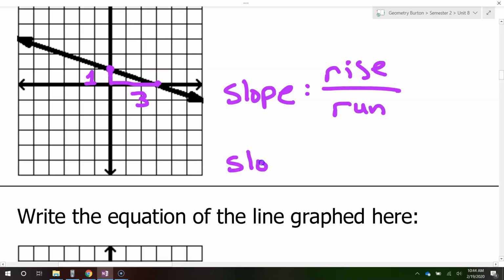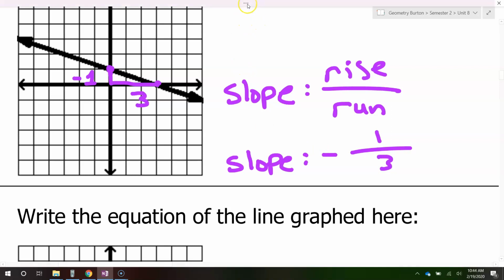So in this case, the slope is going to be 1/3, all right? Rise over run, it's vertical and horizontal. Except for one thing, really this is a -1 because we're going down 1. So that's going to make this a -1/3.